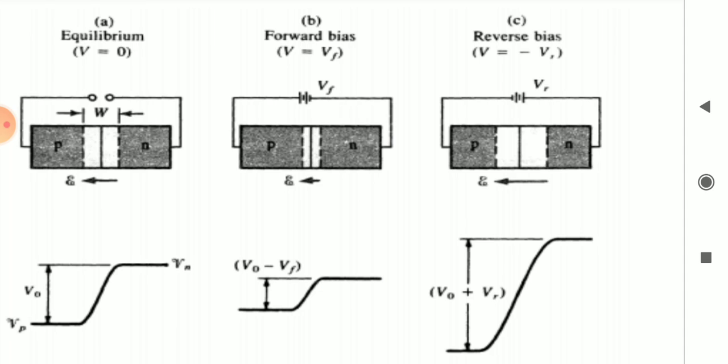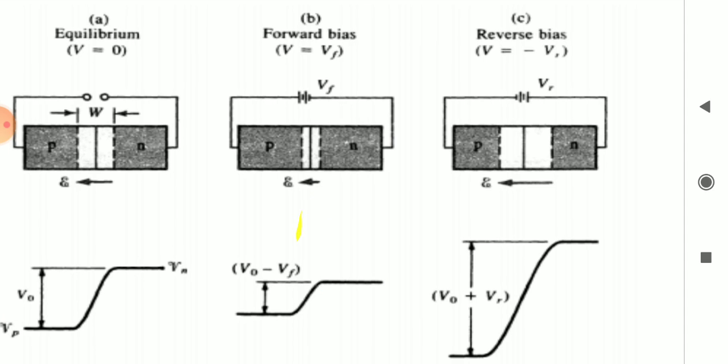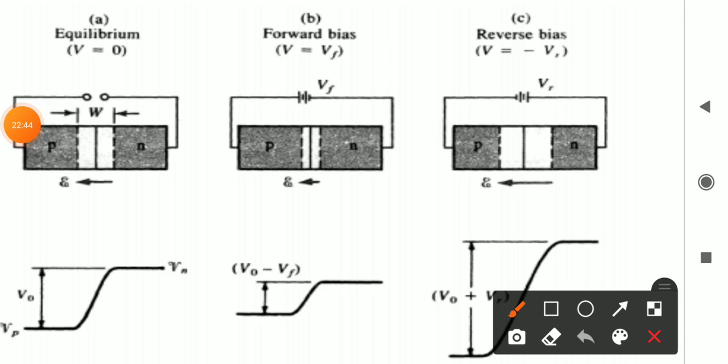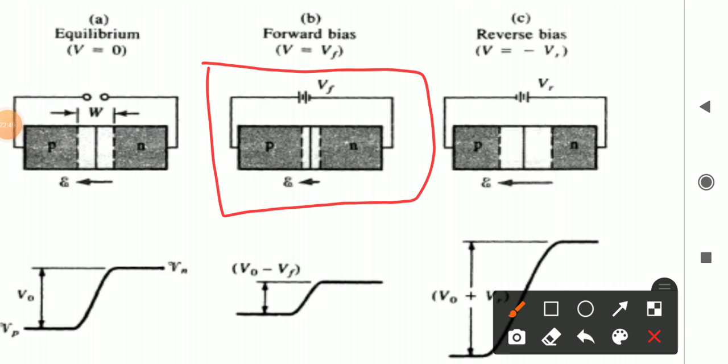Under forward bias, as the name says, the P region is connected to the positive terminal, and the N region is connected to the negative terminal. Refer to this diagram. P is connected to positive, N is connected to negative. So whatever the applied voltage is, Vf, the electric field is in this direction.